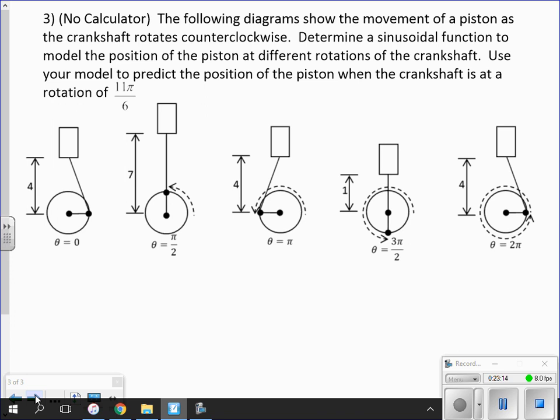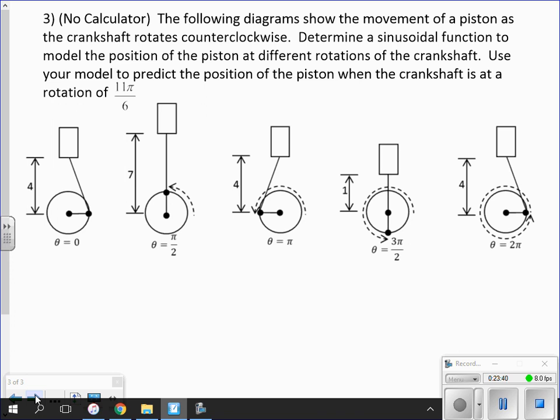So our period is 2 pi. No period change. Where do we begin? At 0. So for the sine, our midpoint takes place at 0. So if we use the sine equation, no phase shift either. So all we have to deal with is amplitude and vertical shift.